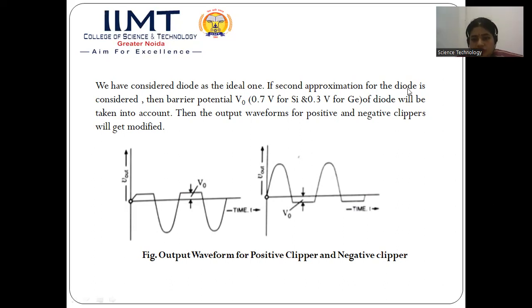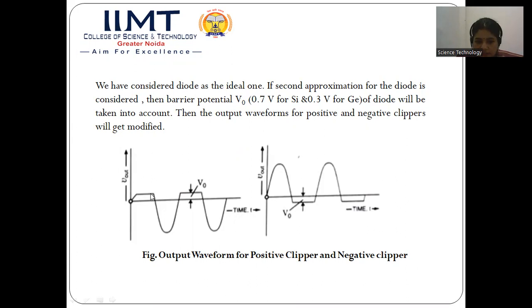But in actual situation, it is not like that for the practical diode. If the second approximation for the diode is considered, then we know that a barrier potential of the diode is already there. The value of this barrier potential is 0.7 for silicon and 0.3 for germanium. If we take this barrier potential into account, then the waveform of the positive and the negative clipper circuit will get slightly modified.